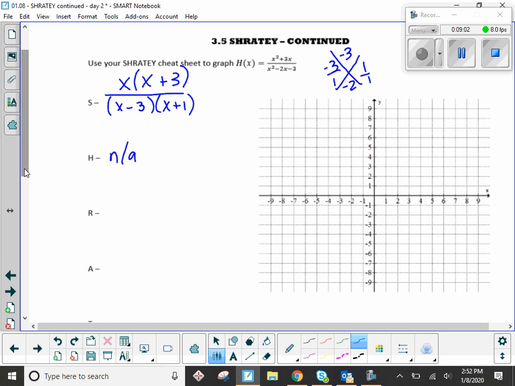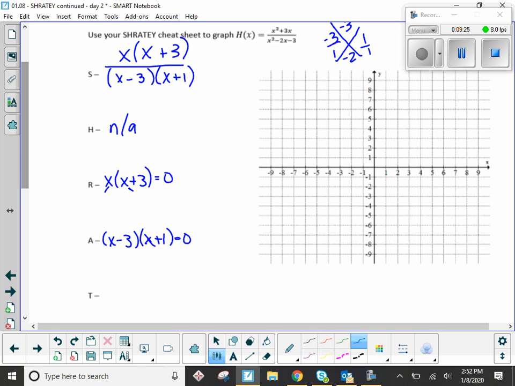All right, R stands for what? Roots. Is roots the top or the bottom? Top. So the root step is you set the top equal to 0. The A step, you set the bottom equal to 0. That's for asymptotes.